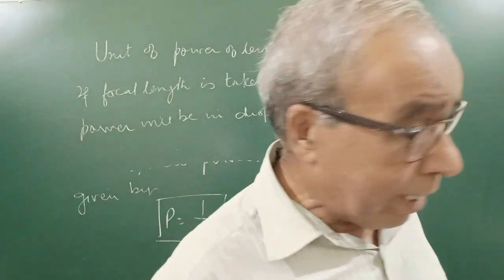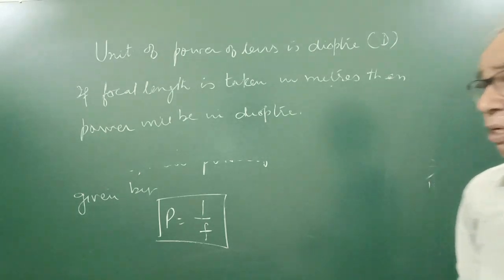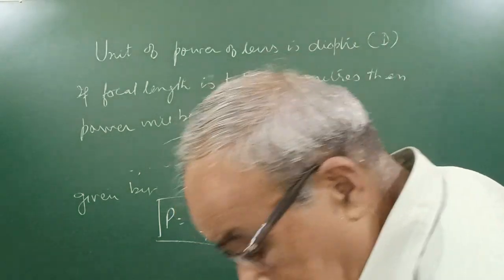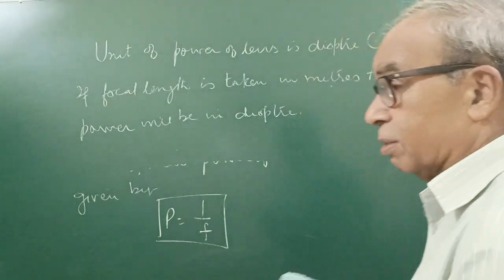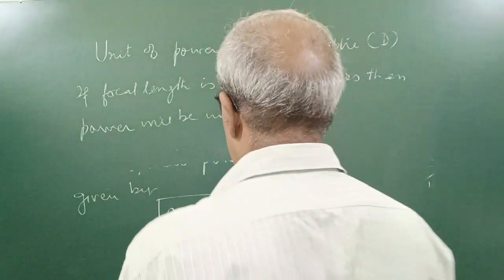Generally, we make a mistake: for a focal length of 25 centimeter, what is the power? Make 25 centimeter into meter, so it will be 4 diopter.